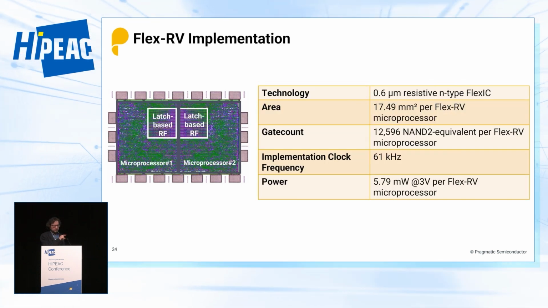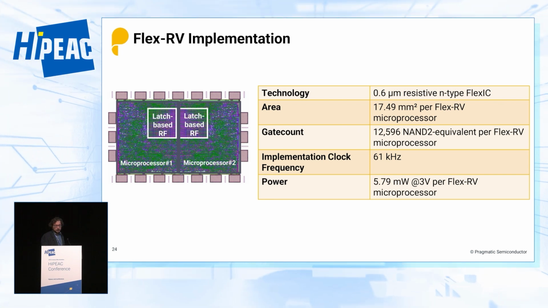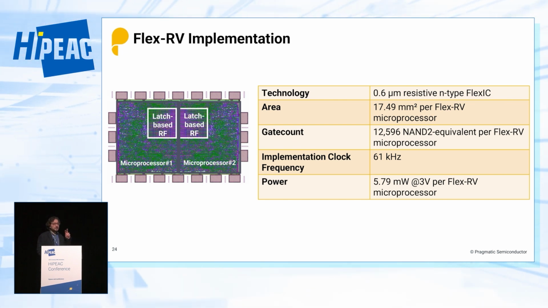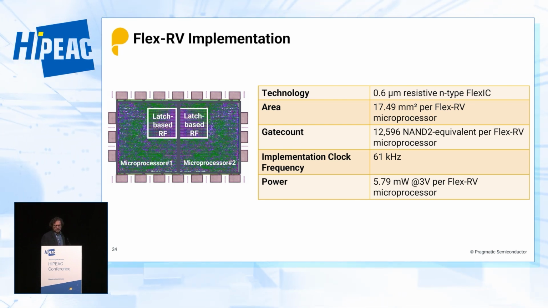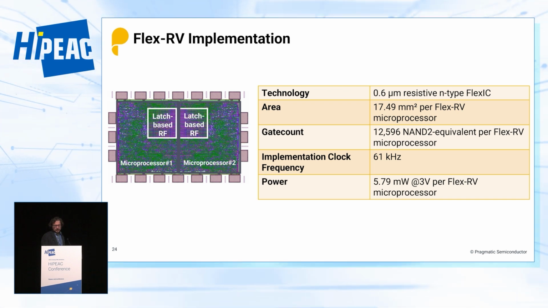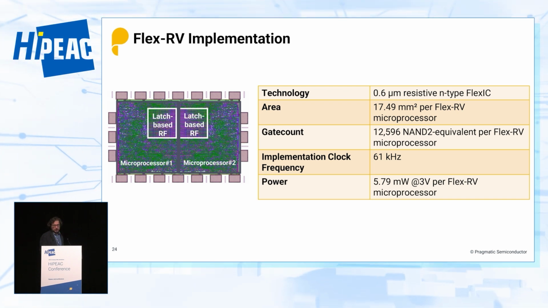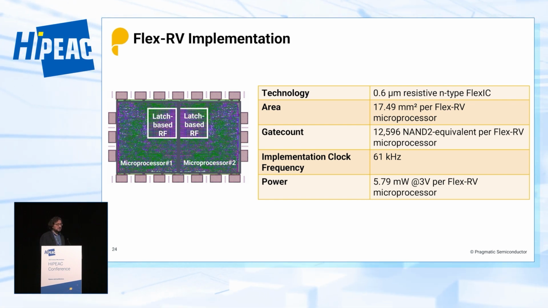So we implement the chip. This is how it looks. There are 20 pads here. We managed to squeeze 2 FlexRVs in one chip, so at least if one doesn't work, we can try the other one. This was built using our latest 0.6 micron technology, about 18 square millimeters.